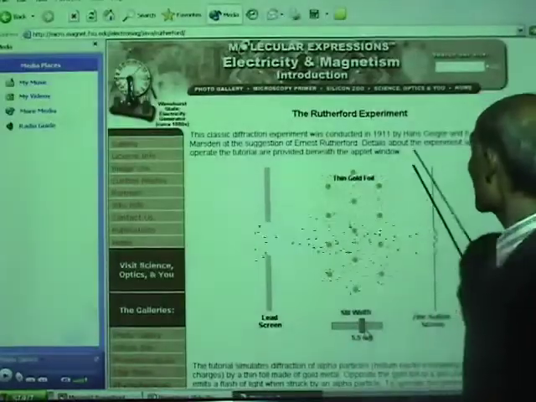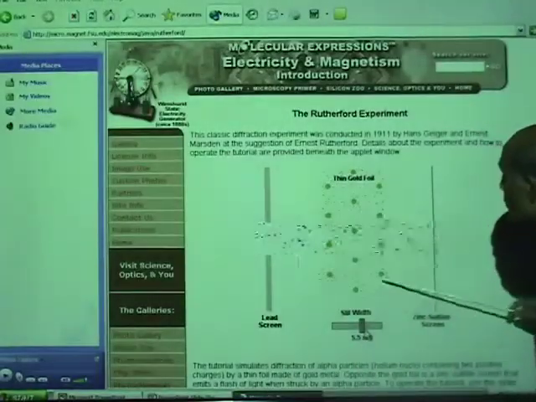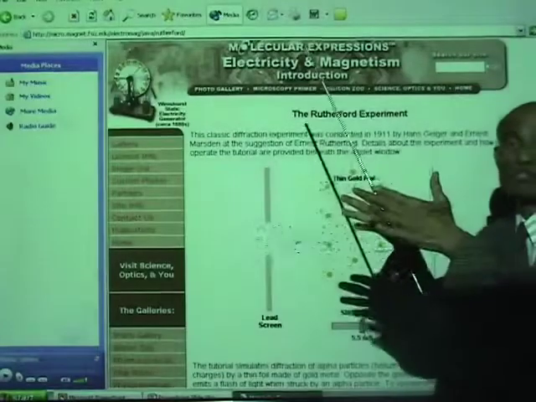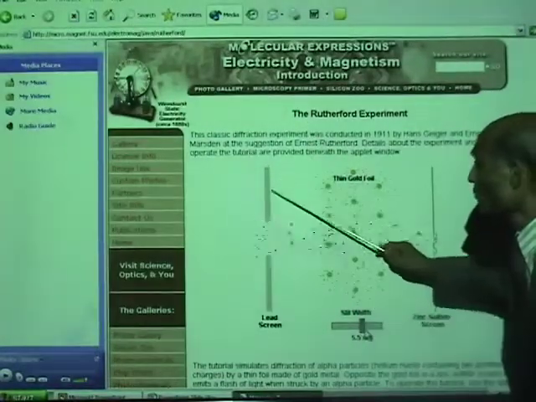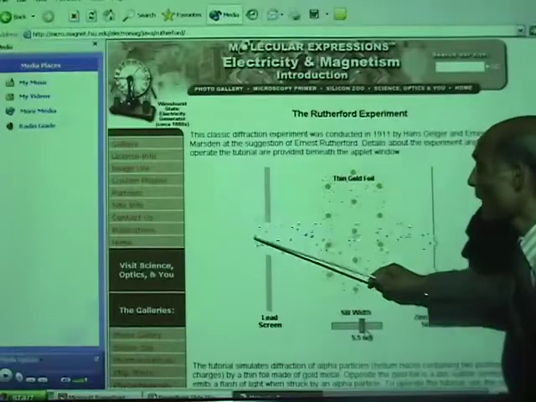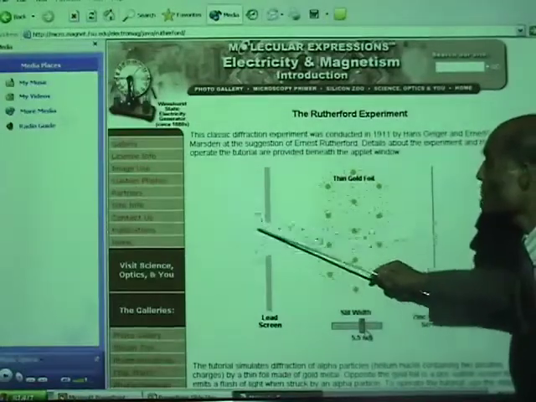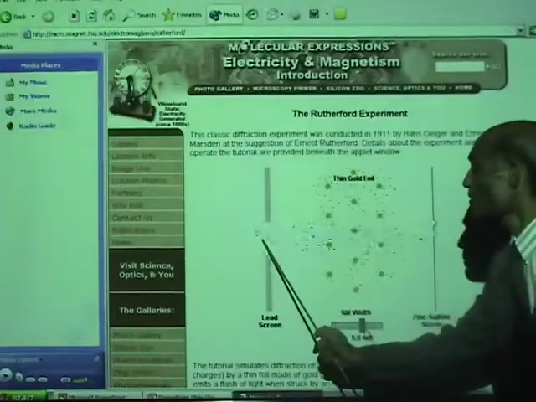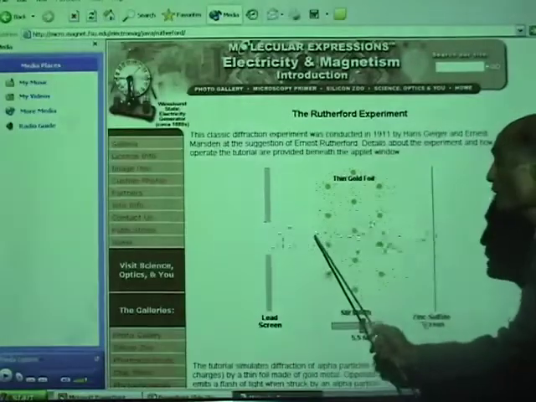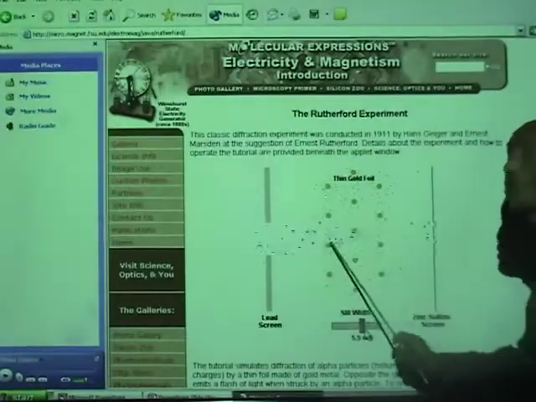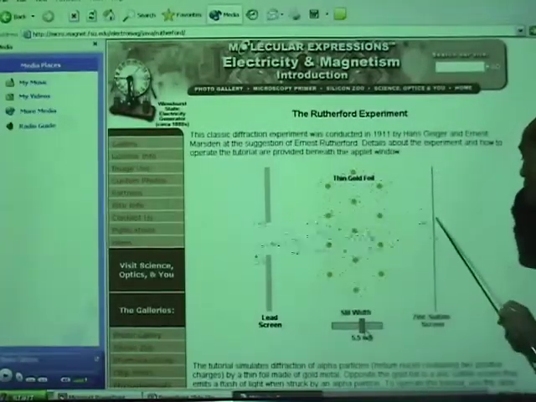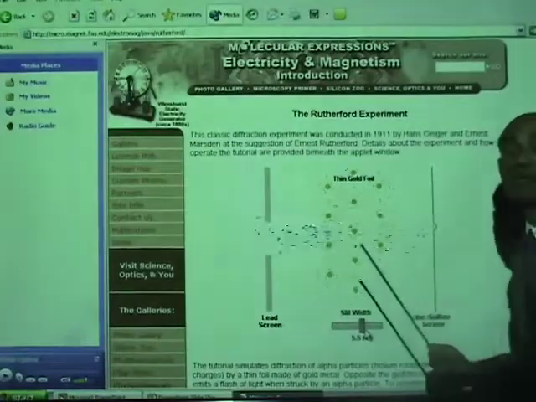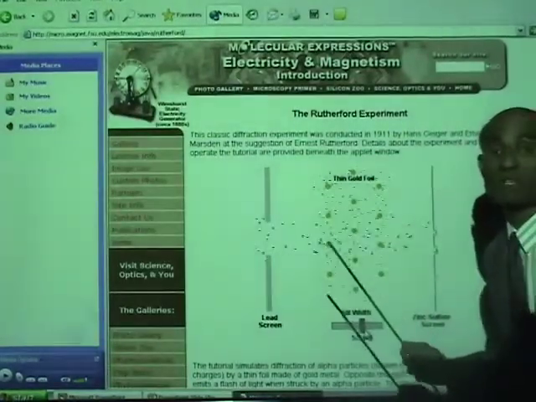Now, this is the gold foil. Can you see the gold foil there? Well, of course, it's been made very thick. And this is where the alpha particles are fired from the polonium samples. You can see the alpha particles going with tremendous speed and going through the gold atoms. And here is the zinc sulfide screen where the alpha particles can be detected.